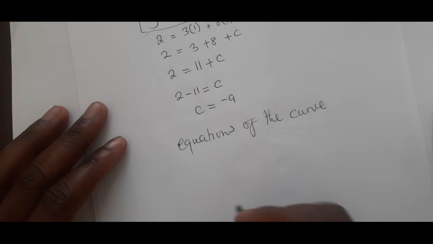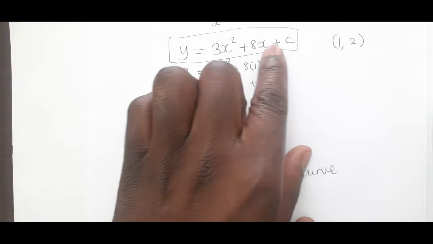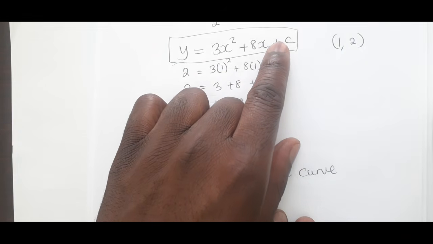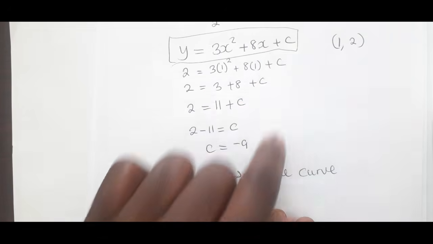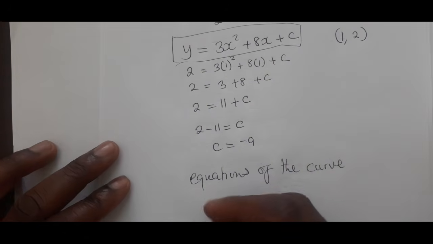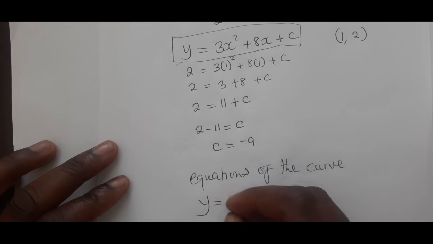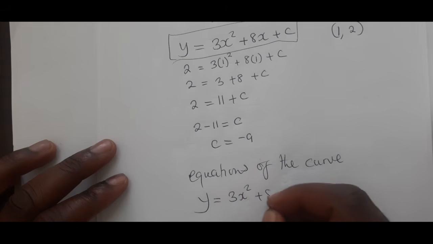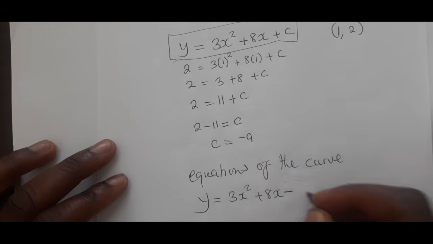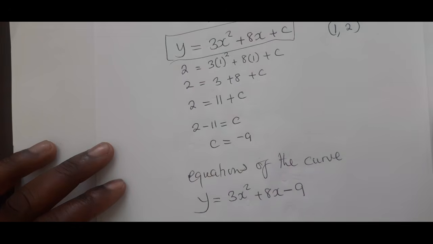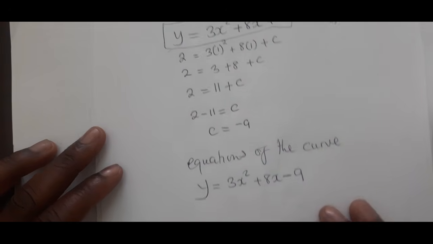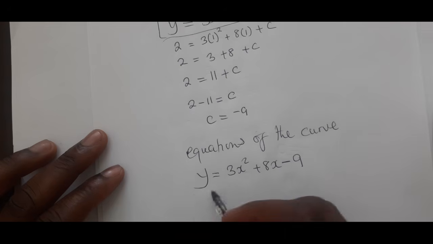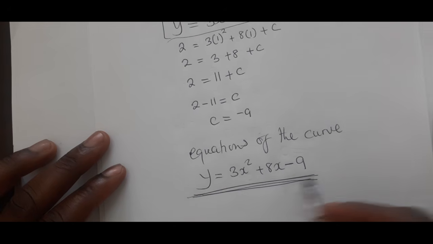You rewrite this same equation, then where there is c, you put -9. So we're going to have y equals 3x squared plus 8x minus 9. This is the equation of the curve.